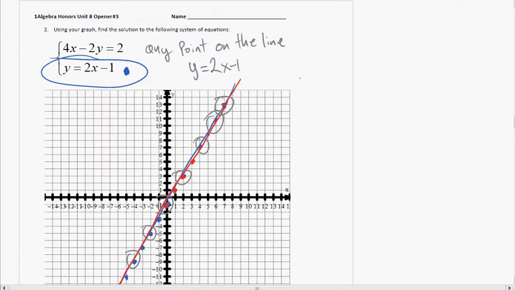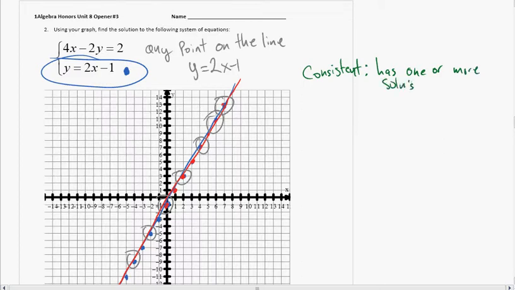So the first thing is the difference between a system that is consistent and a system that is inconsistent. What it means for a system to be consistent is that it has a solution or many solutions. So consistent means it has one or more solutions.